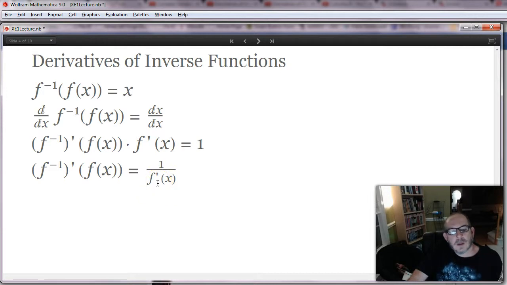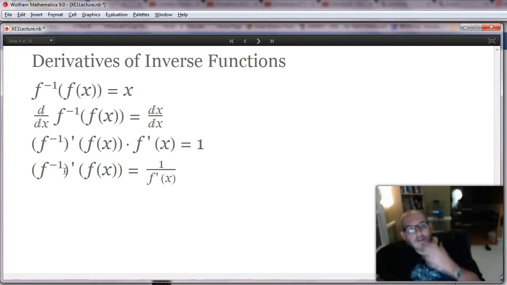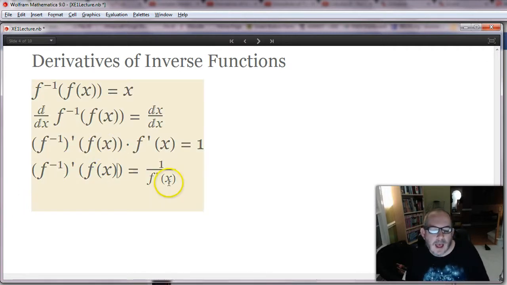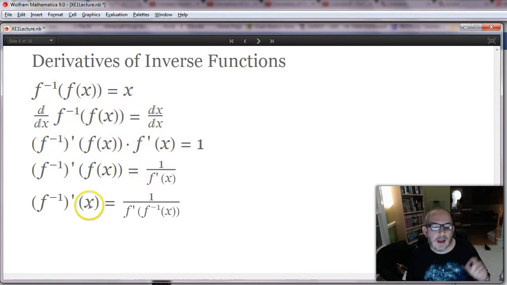The only trick is that usually if we've got some inverse function and we talk about its value somewhere, or its derivative's value somewhere, we have a specific value in mind. It's not going to be the x that's in here. It's going to be the f of x value. So instead of thinking of x as the value we started with and f of x as the value over in the range, we want to think of x being the value we start with that we apply f inverse to, and the other value is the one x pulls back to, f inverse.